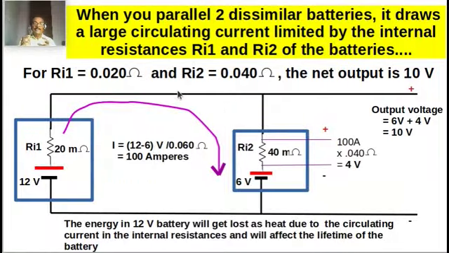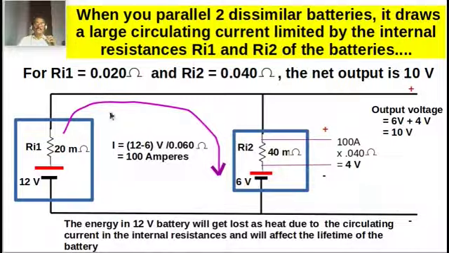If you draw the equivalent circuit for a battery, inside there is a battery voltage and an internal resistance. For the two batteries I have written Ri1 and Ri2 as the internal resistances, and 12 volt and 6 volt as the voltages. When I connect the two batteries in parallel, it forms a circuit for the current flow.